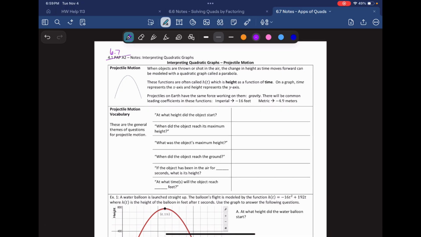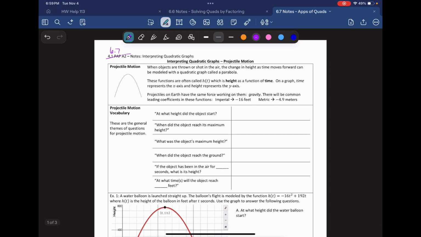All right, so projectile motion is the primary application for quadratic functions. A couple things to know about projectile motion: it is how the height changes as time goes forward, so it creates a parabola, that quadratic graph.